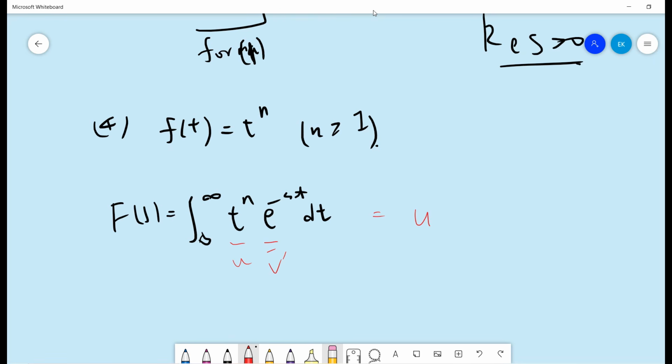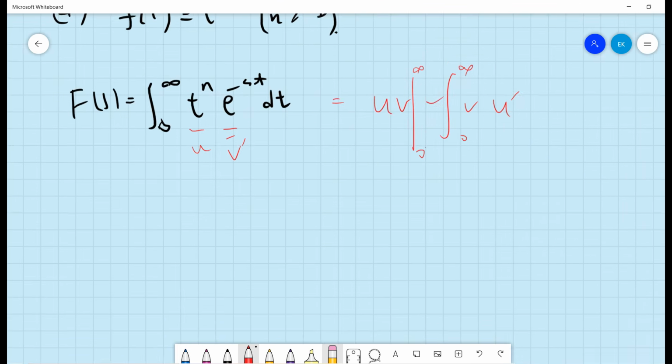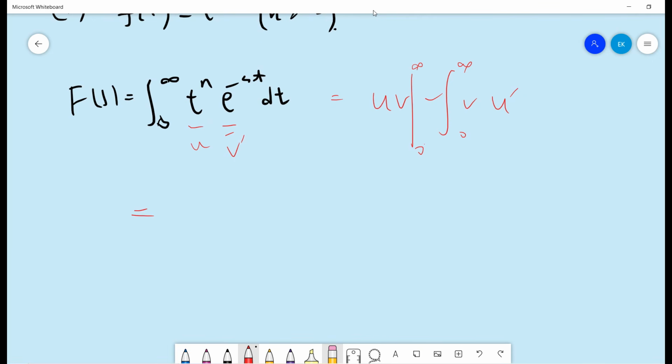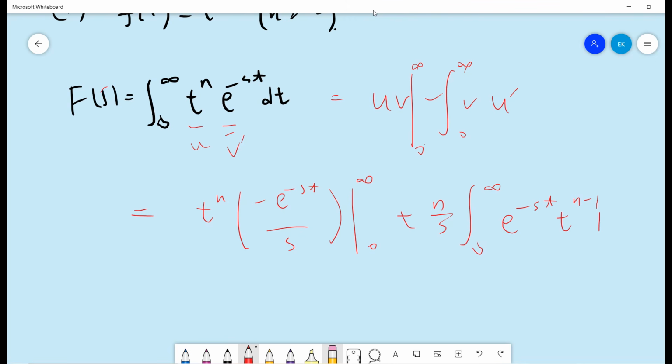So this is just u v minus the integral of v u prime. Okay, so f of s is t to the n times minus exponential minus s t over s, from infinity to 0, plus the known n over s, from 0 to infinity, exponential minus s t t to the n minus 1 dt. Okay, so yeah, just straightforward, and this is 0, right?